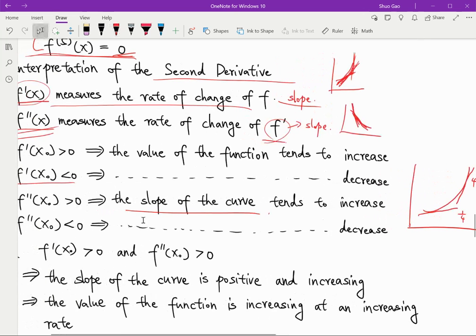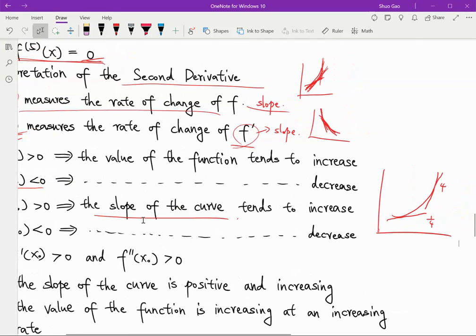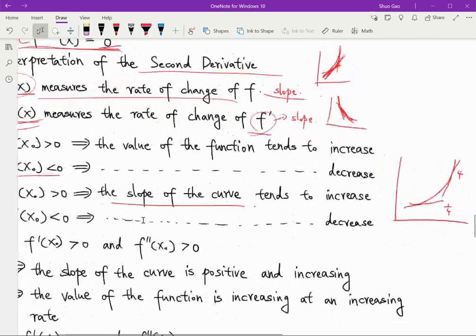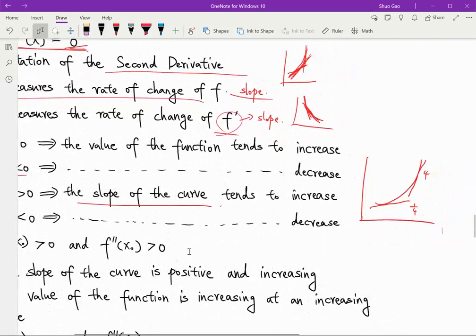So if f''(x) is larger than 0, that means the slope of the curve is increasing from 1/4 to 4.